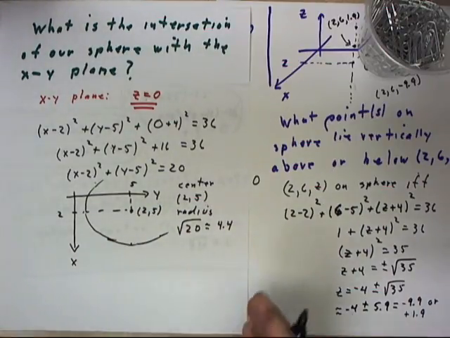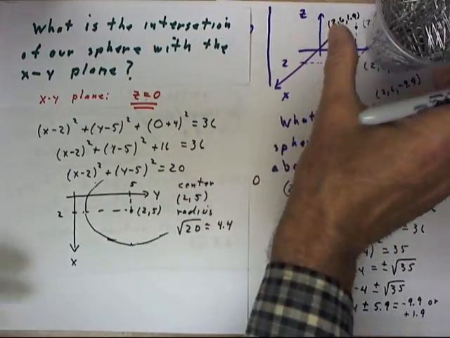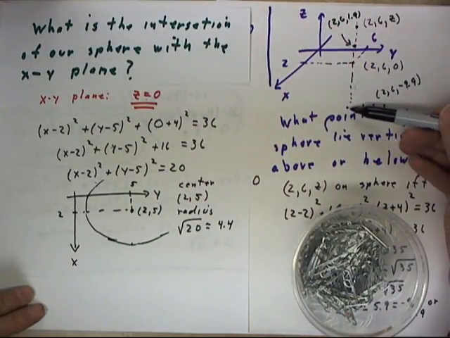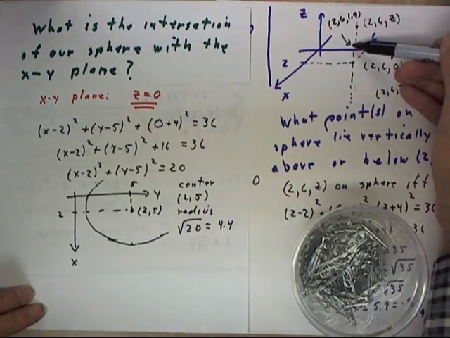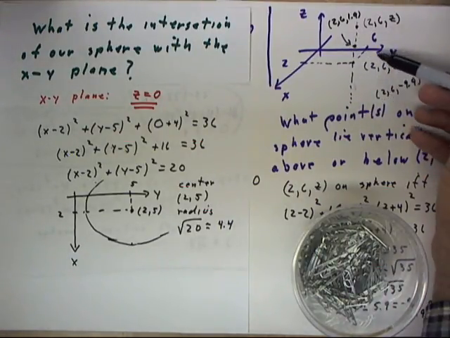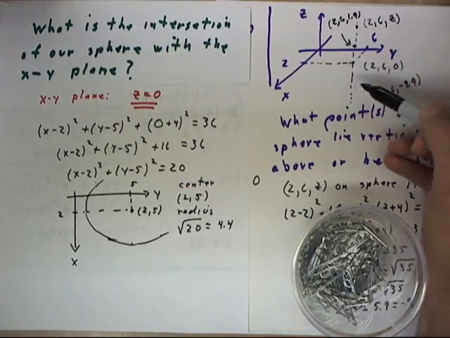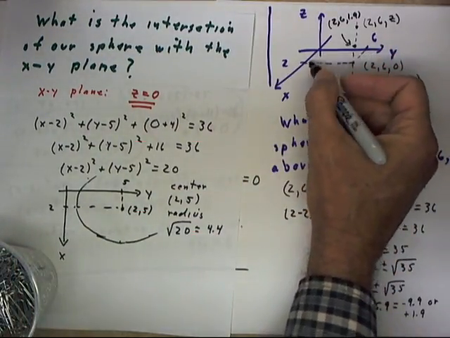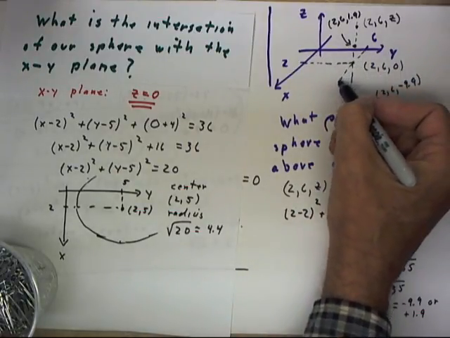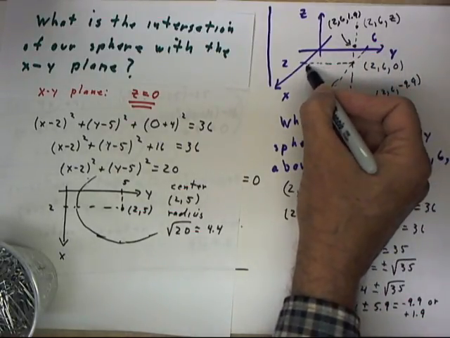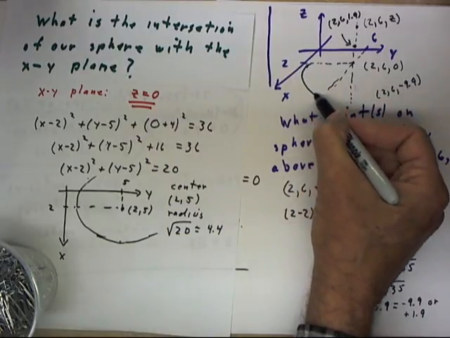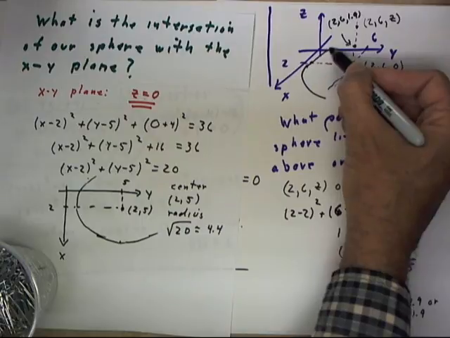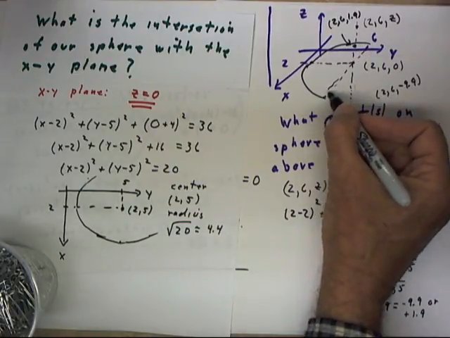So whatever our sphere is, wherever it lies, and we saw previously that the sphere lies lower below the xy plane than it does above the xy plane, just by finding these two points. It intersects the xy plane in a circle, and that circle might be reasonably sketched something like this.